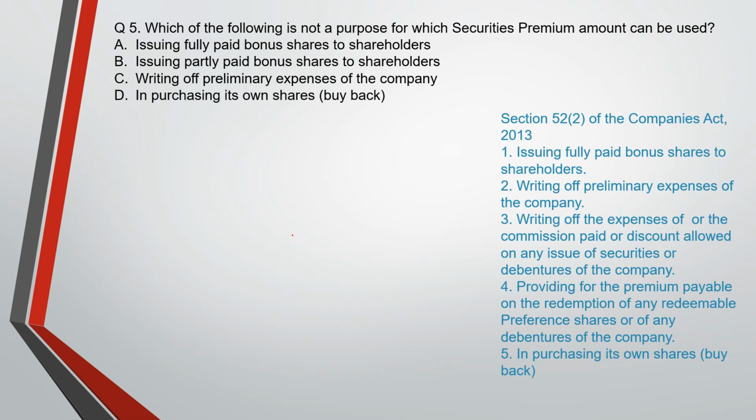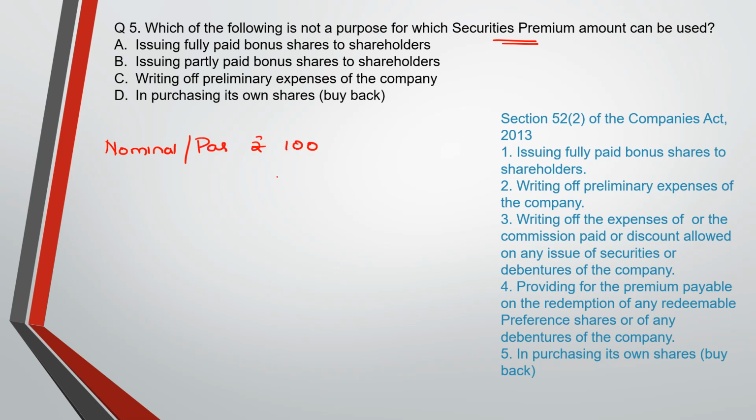Clear? Now moving on to the next question: which of the following is not a purpose for which securities premium amount can be used? Now we know what securities premium is. When shares are issued, they can be issued at par or at premium. Suppose the nominal or par value of the share is rupees 100.